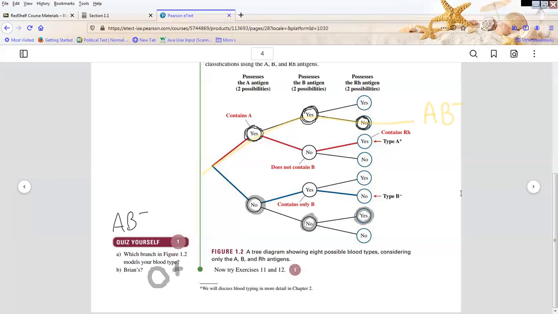So Brian's corresponding branch is this branch here. That would be the O positive.